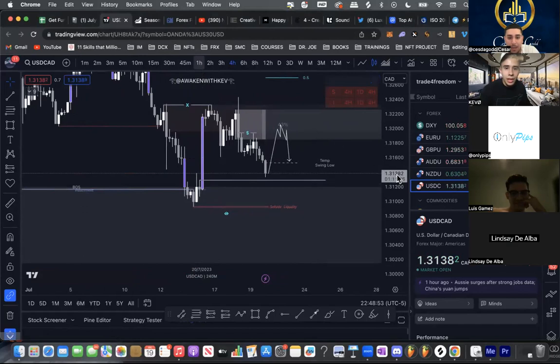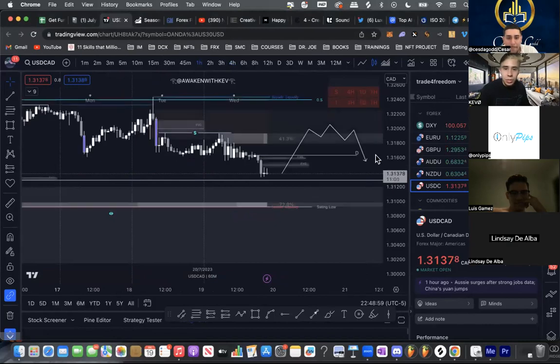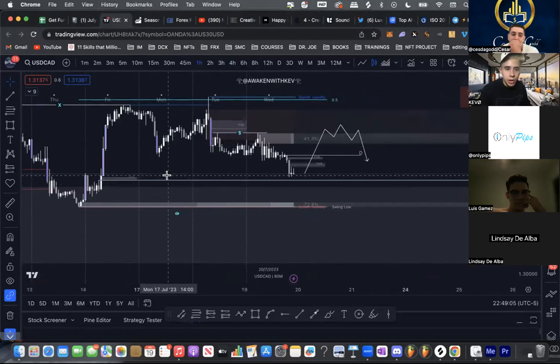I'm low key trying to see if we can get some shorts in here for USD CAD. I like that just because I'm trying to buy on you. I think we could potentially buy it up because we are playing within this 1 hour fair value gap right now.